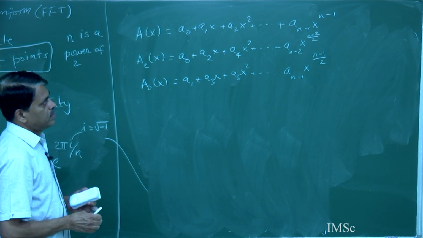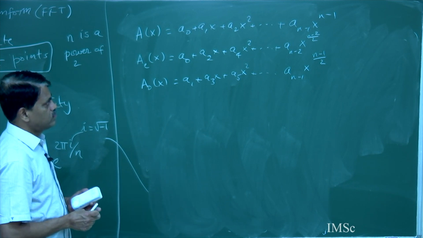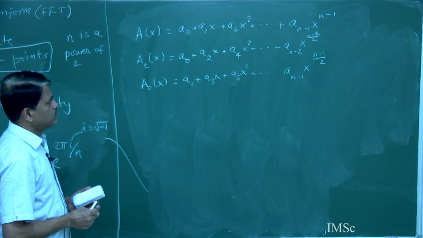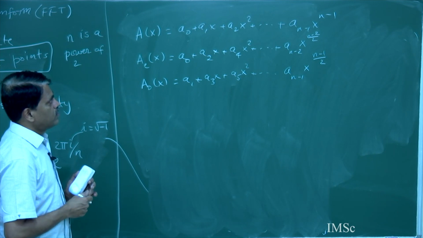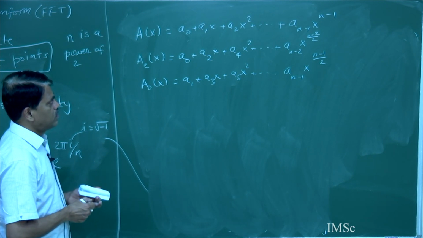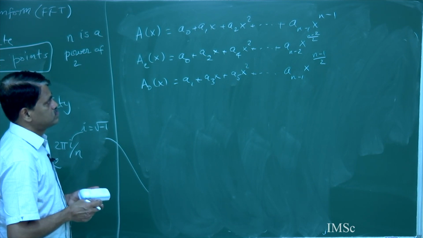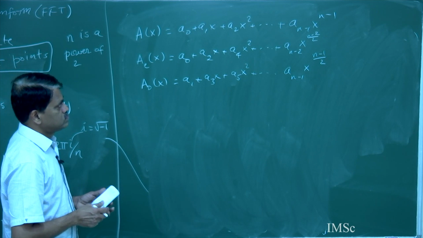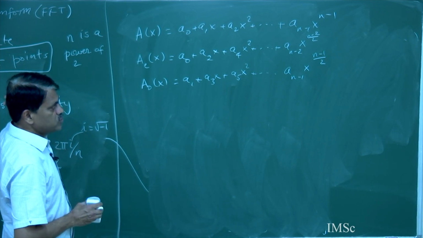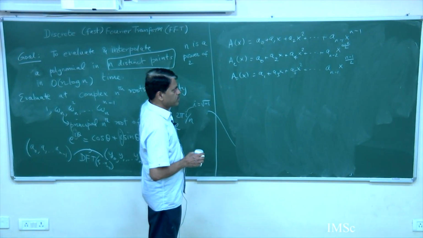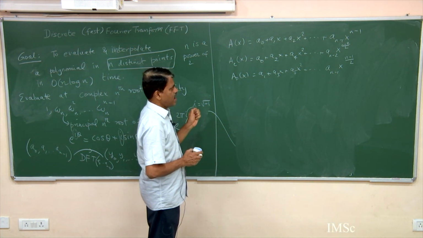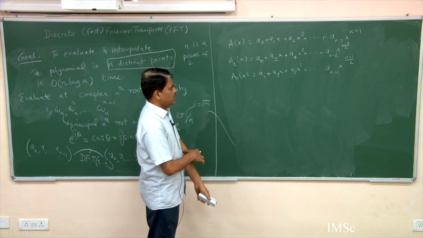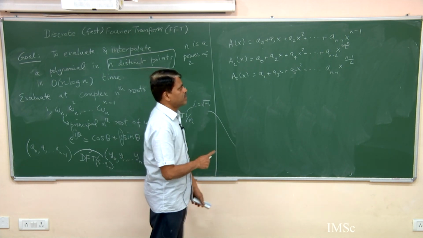I'm writing only a2x for now. So n minus 2 is even, that's correct. So n minus 2 by 2, okay. So a1 plus a3x. So it's not 3, oh, n minus 2 by 2.